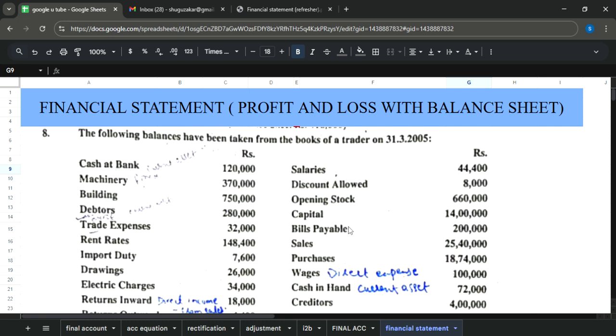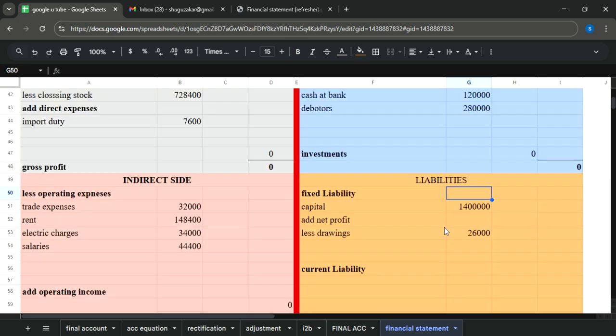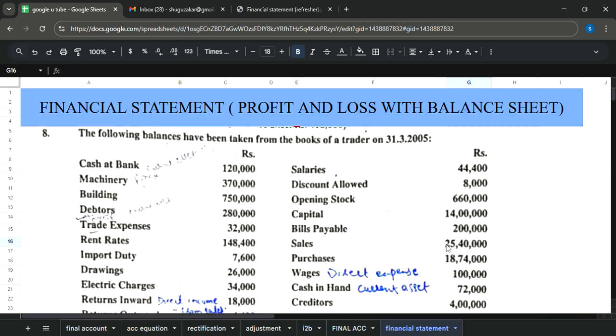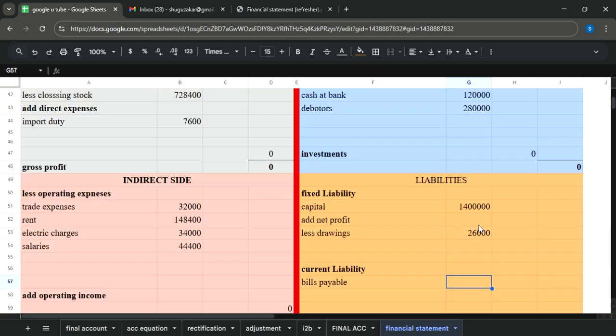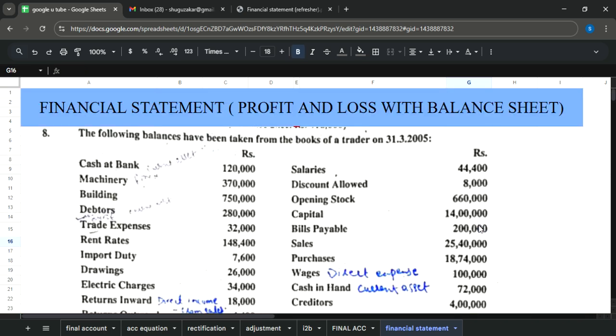Next we have bills payable, current liability. So you will choose the liability side and current liability for bills payable. Amount of bills payable is 2 lakh. Post the amount in front of bills payable, after which we have sales 25 lakh 40,000.